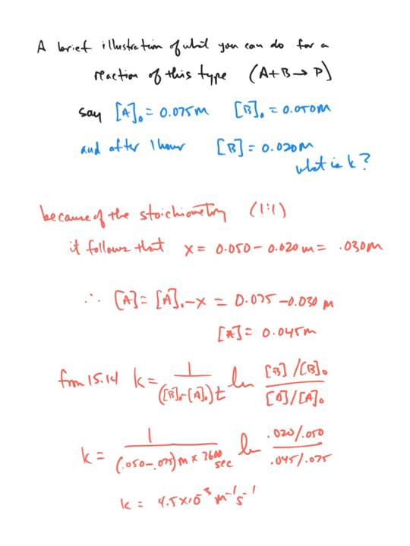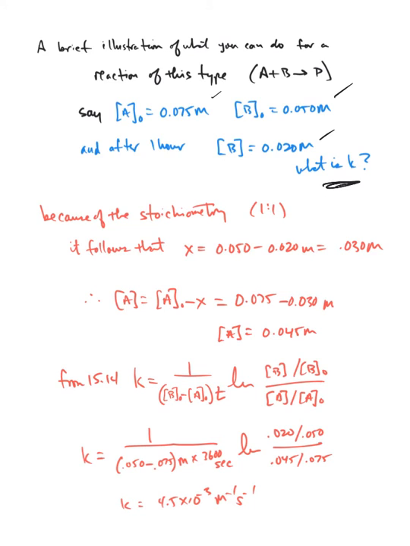So let's say I have two reactants. The original concentration of A is 0.075, and the original concentration of B is 0.050. And after 1 hour, whatever technique you use tells you that the B concentration is 0.020. What is the rate constant for a reaction like this?